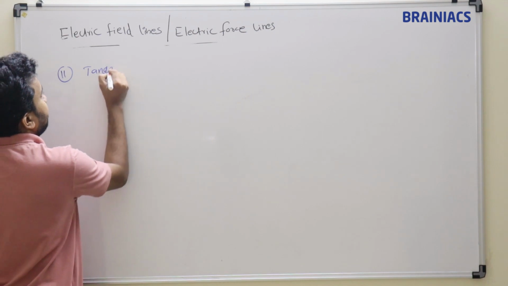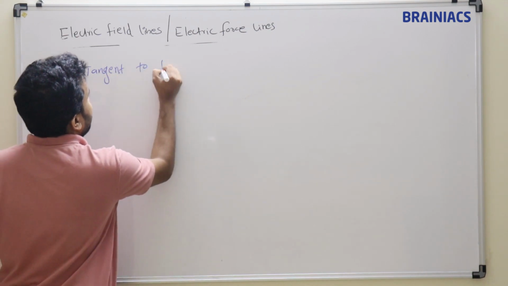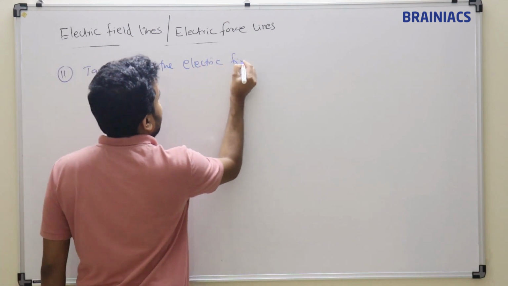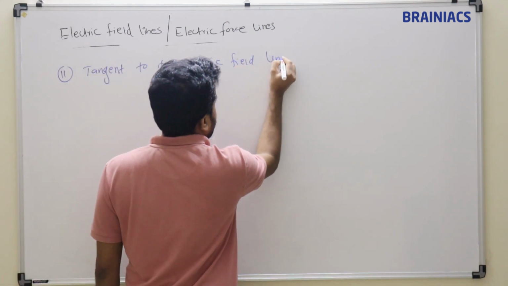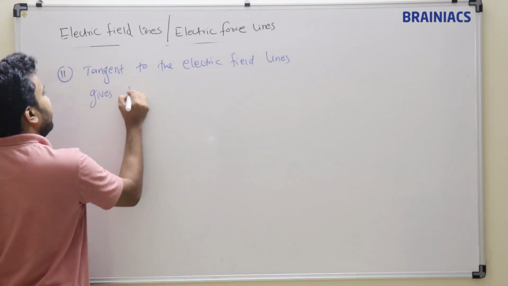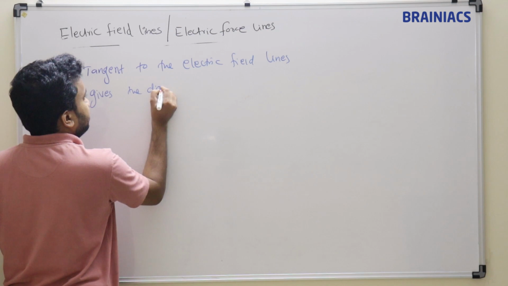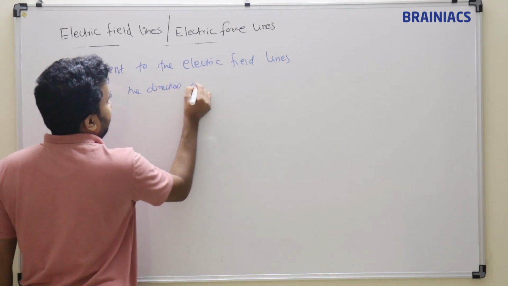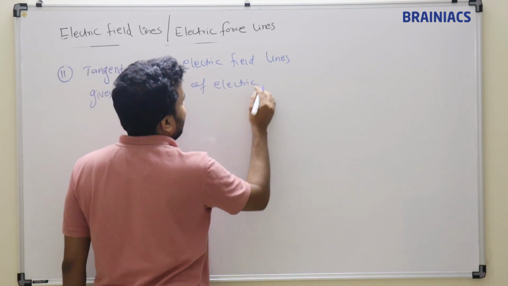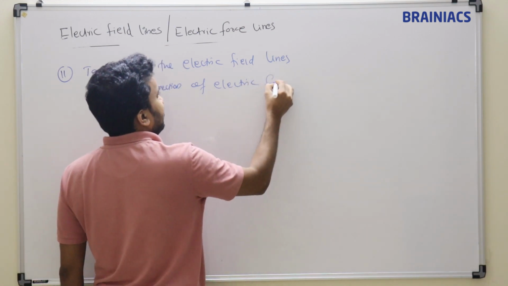Tangent to the electric field lines gives the direction of the electric field.